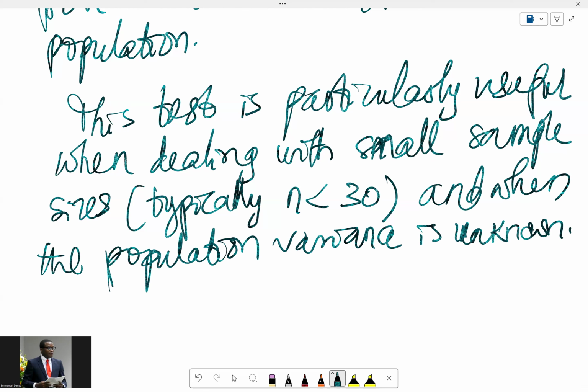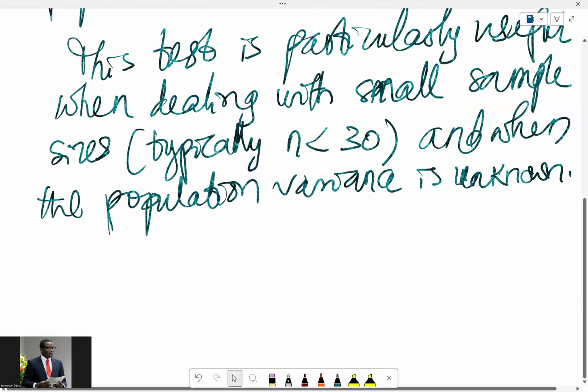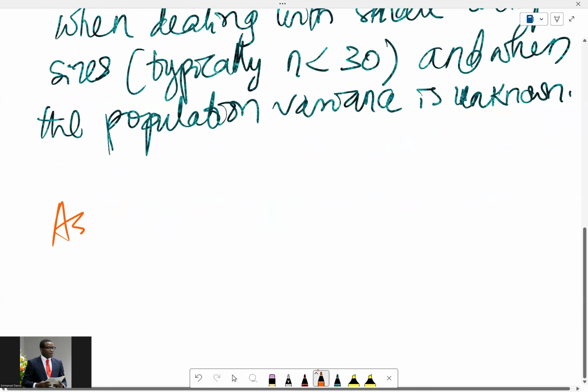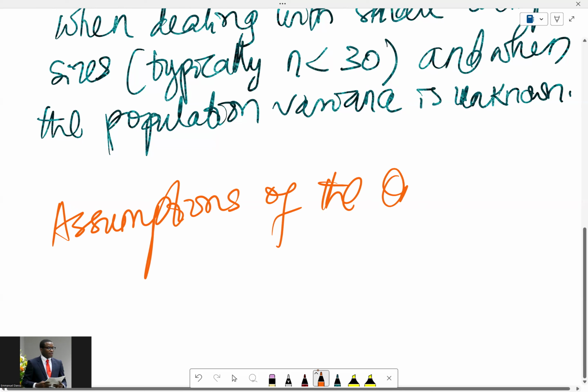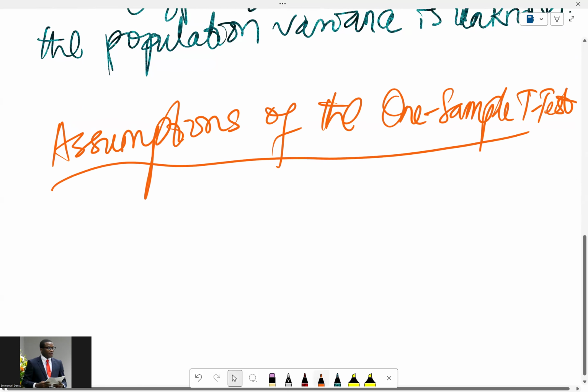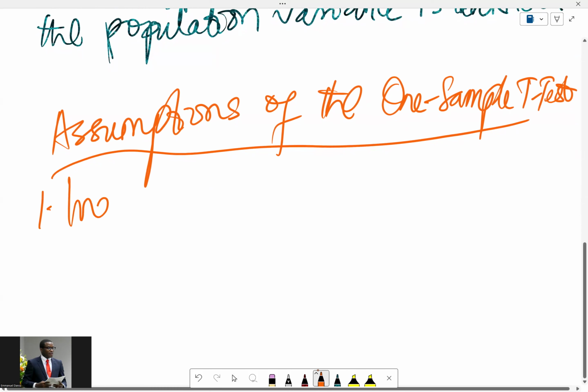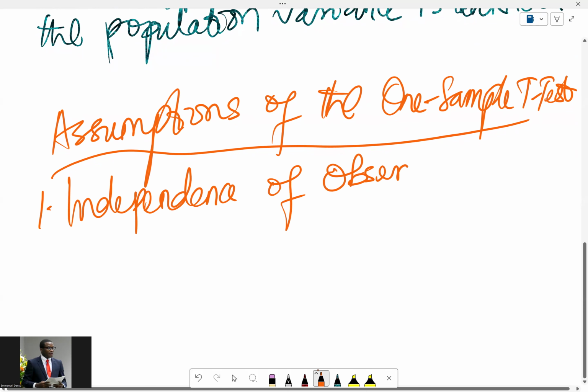So let's look at some assumptions of the one sample t-test. Okay, the first one is independence of observations.